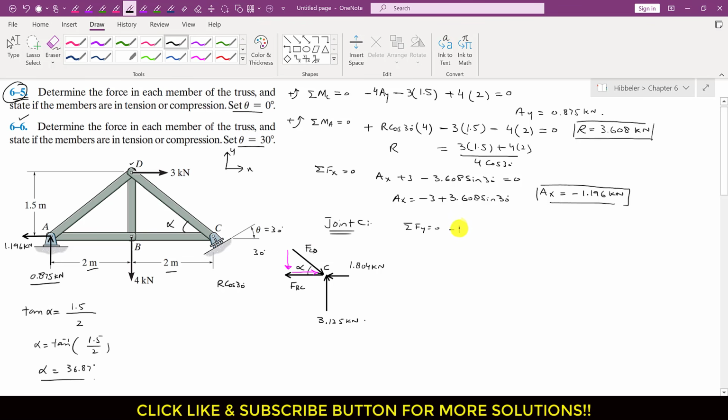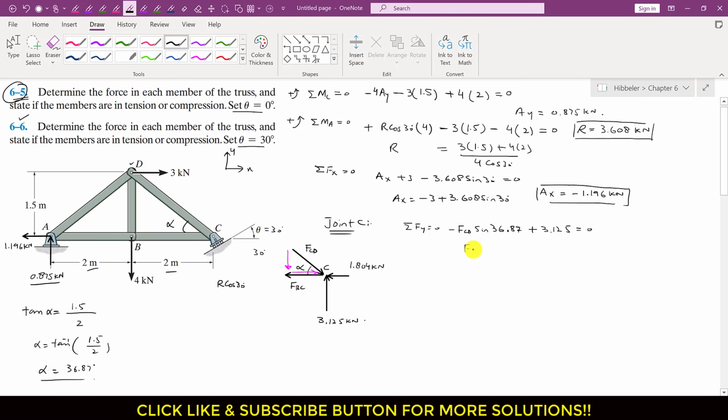So I will write minus FCD sine of alpha, where alpha is 36.87, and this 3.125 is acting in the positive y direction, so plus 3.125, equal to 0.